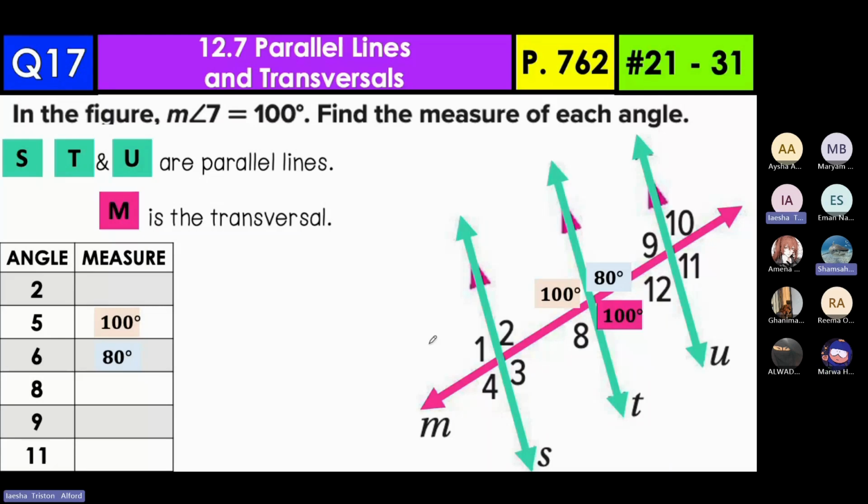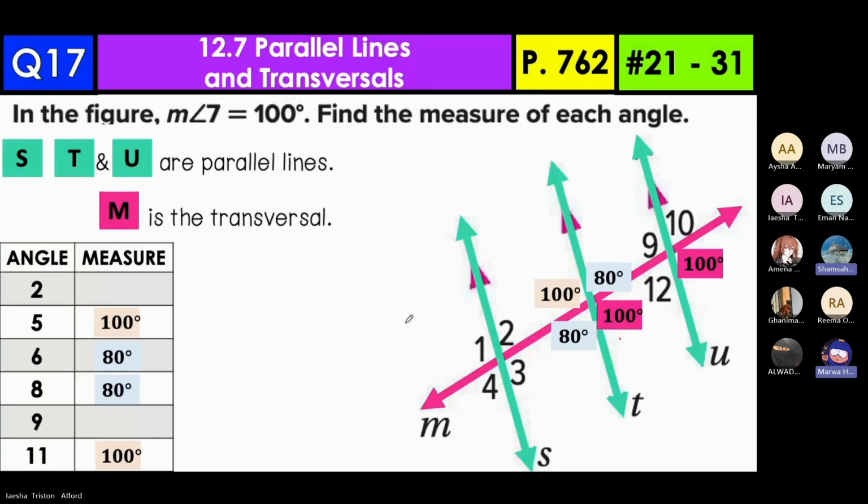Equal. Plus, you have one square, copy paste to the other squares. Angle 7 is in the same place as what number in this square? 11. So 11 should also be 100 degrees. Number 9, name and how?